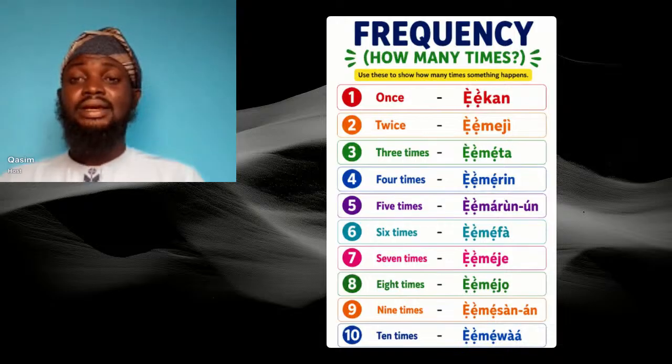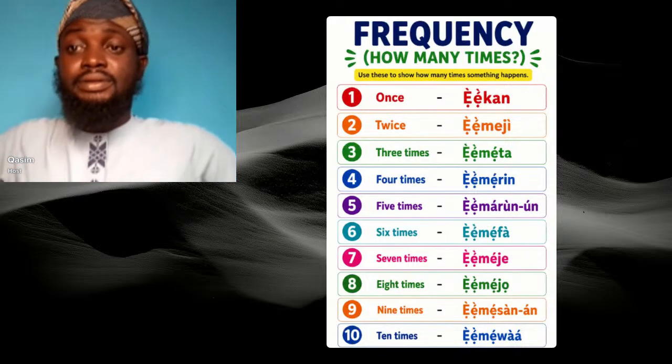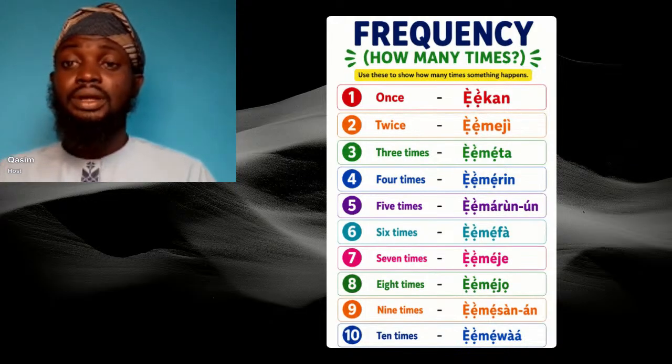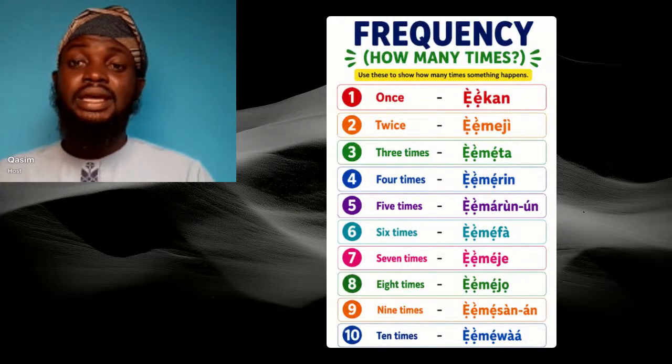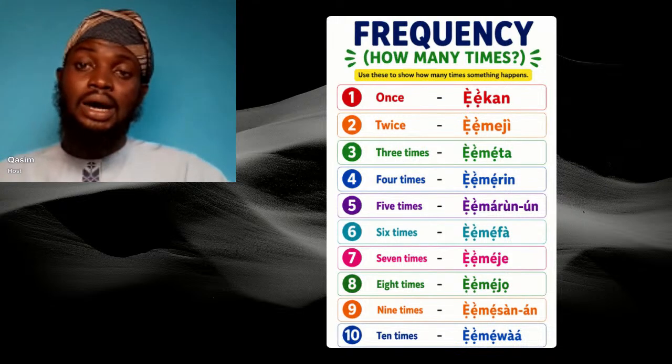Twice, ẹ̀ẹ̀méjì. 3 times is ẹ̀ẹ̀mẹ́ta. 4 times is ẹ̀ẹ̀mẹ́rin. 5 times is ẹ̀ẹ̀márùn-ún. 6 times is ẹ̀ẹ̀mẹ́fà. 7 times is ẹ̀ẹ̀méje. 8 times is ẹ̀ẹ̀mẹ́jọ. 9 times is ẹ̀ẹ̀mẹ́sàn-án, and 10 times is ẹ̀ẹ̀mẹ́wàá.